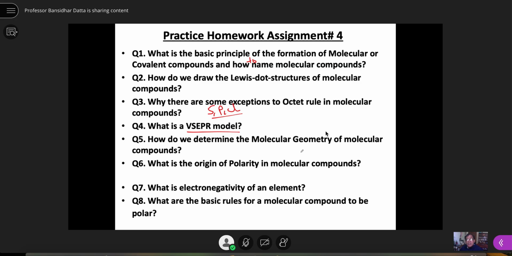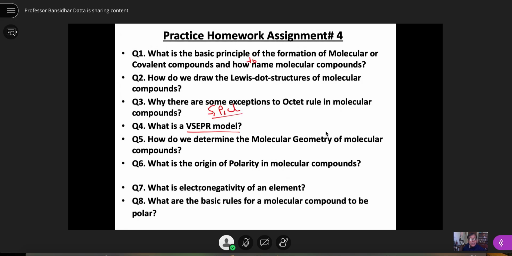The one which has a higher electronegativity will have more electron density as compared to the other which has a lower electronegativity. Therefore, you can determine whether the molecule will be polar or non-polar based upon the absolute value of the difference of electronegativity of A minus electronegativity of B. If it is less than 0.5, non-polar; 0.5 to 1.9, polar. Greater than 1.9, we are not going to talk about. Those are ionic compounds, which we already discussed a long time ago. So this is the origin of polarity of the molecule.